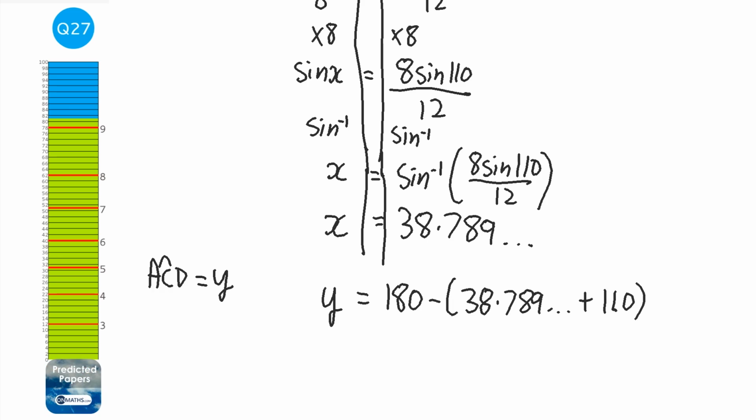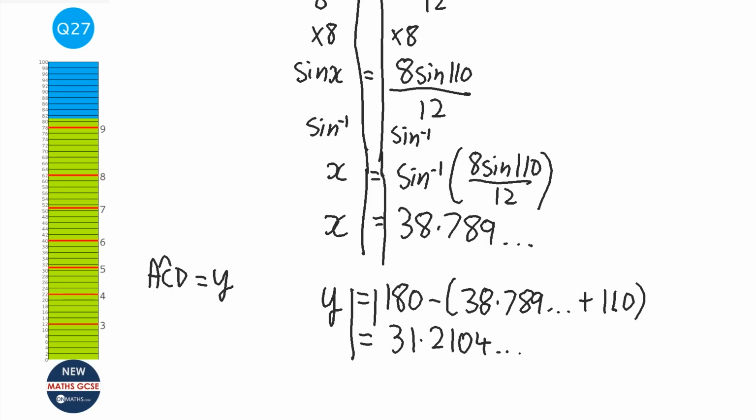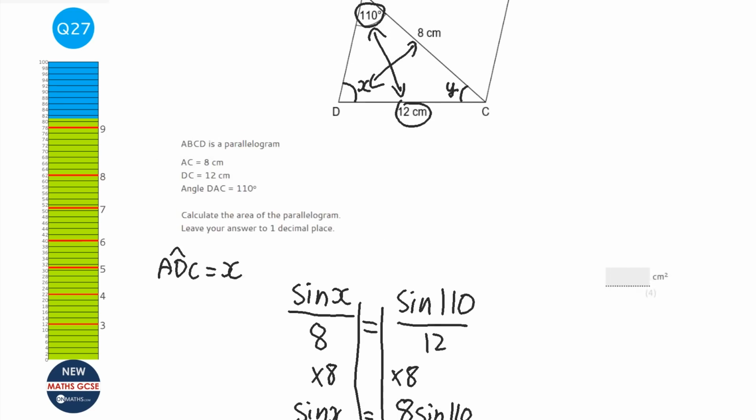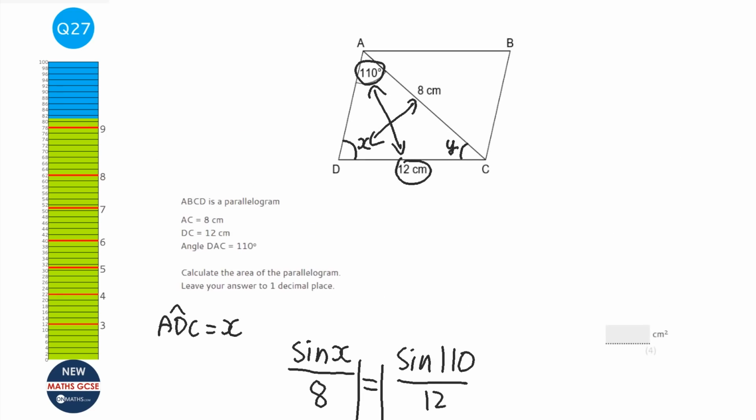So I'm going to add 110 to that, then I'm going to type in 180 take away the answer. So that tells me that Y is 31.2104 blah blah blah.